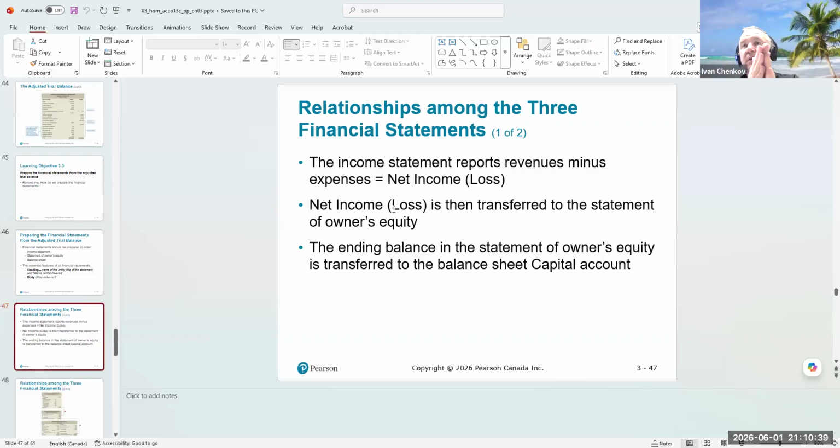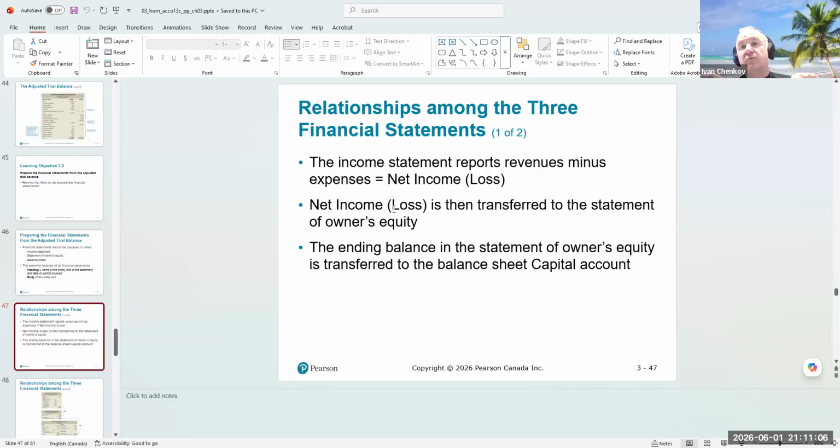Statement of owner's equity also is going to be for a period of time, usually from the start of the year, then what happened during the year, and what's the ending balance. Balance sheet is going to be only and only at a point in time. Today, and only today, you have these assets, this liability, and this equity. Is this going to happen tomorrow?